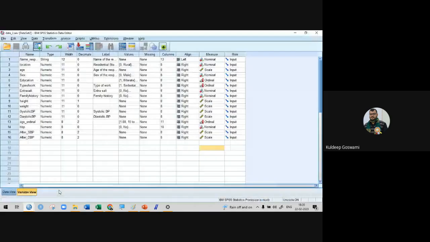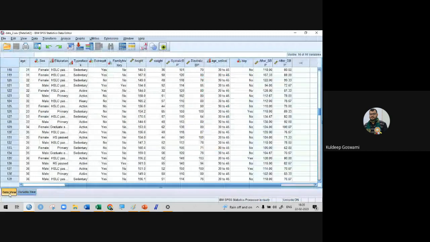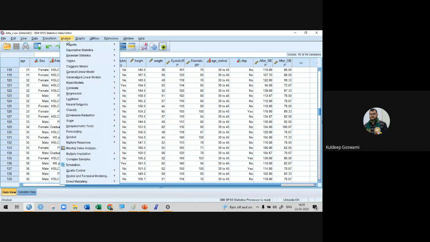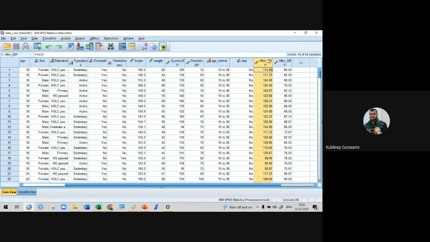Okay, I'll show another example, also an example of a paired t-test. There are two new variables.